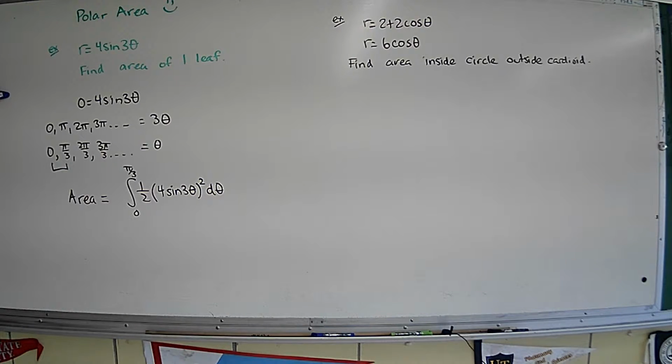In order to get this moon shape, we're going to subtract off the area of the big chunk of the circle minus the area of the chunk of the cardioid. Okay, that's what we're going to do.